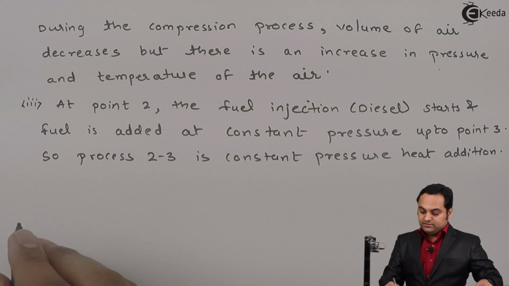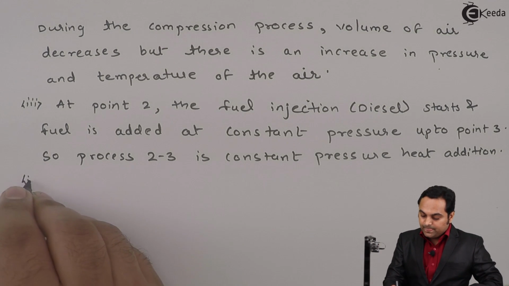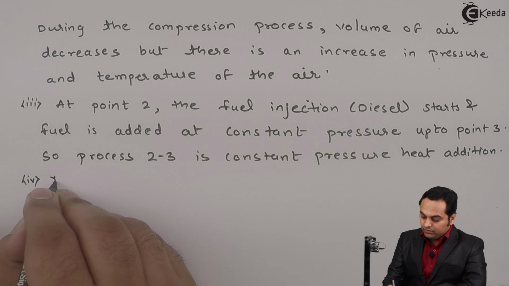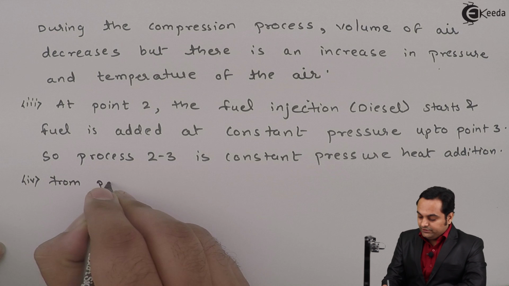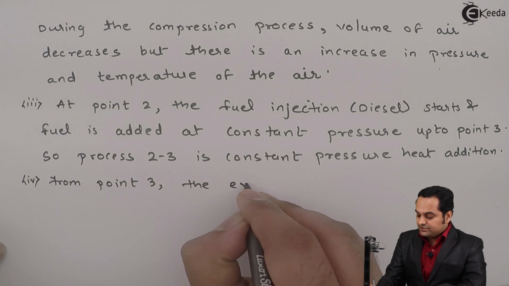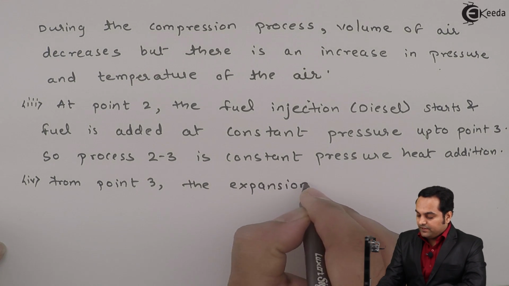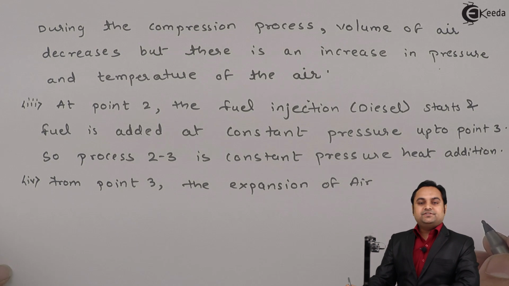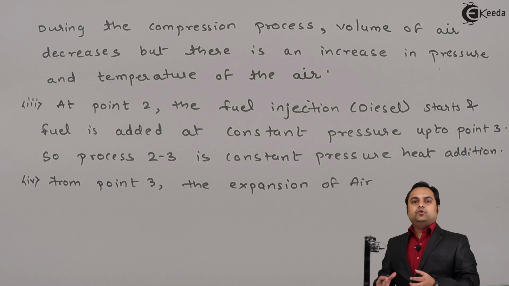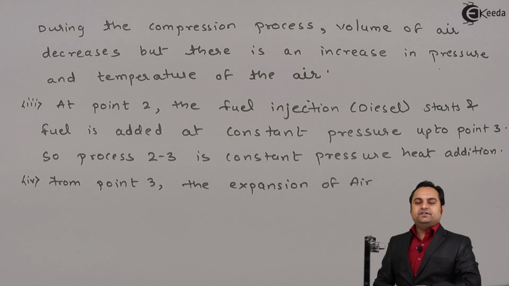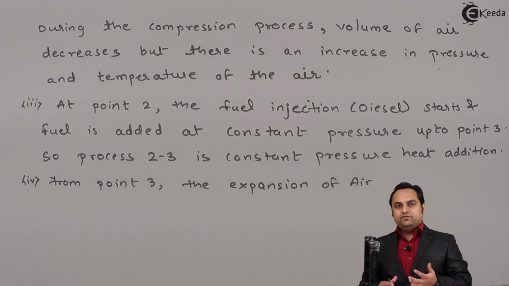Next, once the heat addition has been completed up to point 3, then from point 3 the expansion process, the expansion of air, I can say, because since it is an air standard cycle we are assuming there is more part of air, less part of fuel, so it is basically an air standard cycle having air as the main working fluid.